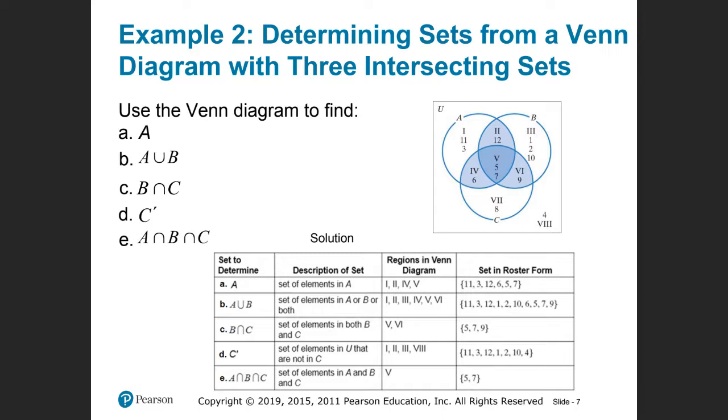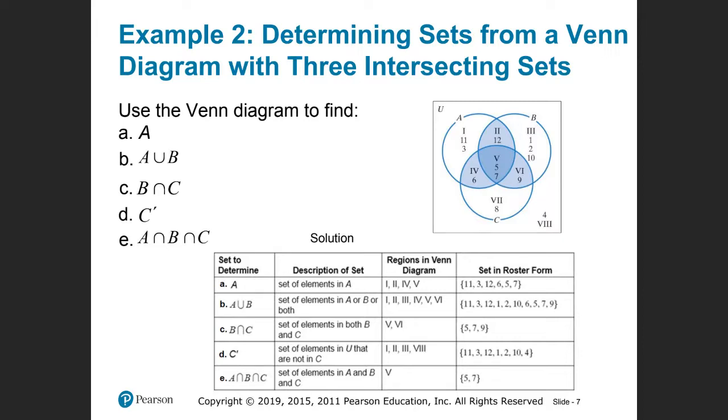B intersect C is the set of elements that are in both B and C, in the intersection, which would be in regions 5 and 6. And the elements in roster form would be 5, 7, and 9. The complement of C would be those elements that are not in C, but they are in U. Those would be in the regions 1, 2, 3, and 8.